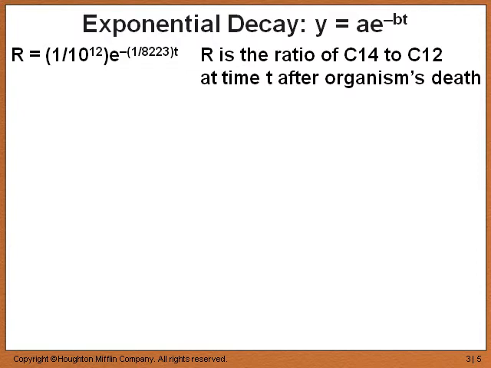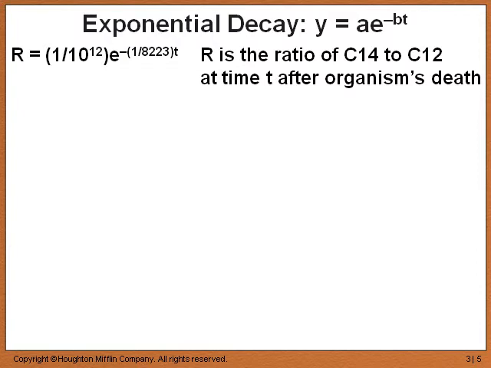You might remember from biology that in living beings, of course, the most abundant carbon isotope is carbon-12, which is the normal carbon isotope. But carbon-14 is the naturally occurring radioactive carbon isotope. And all living things have a small portion of C14 in them.